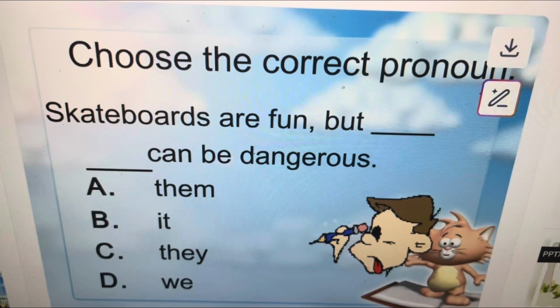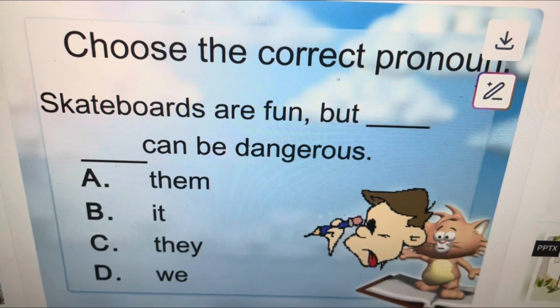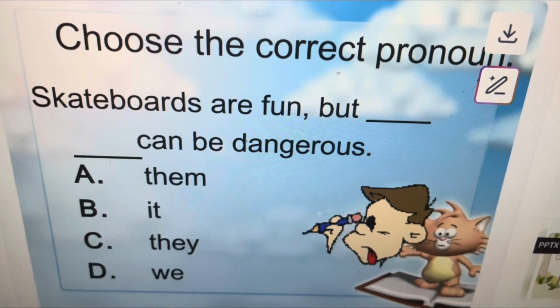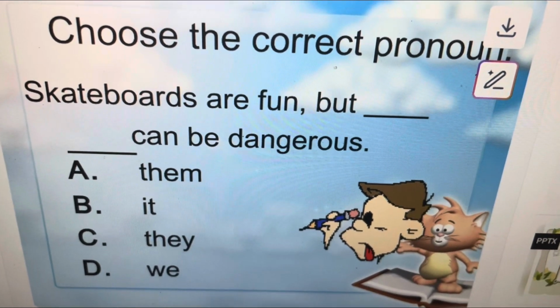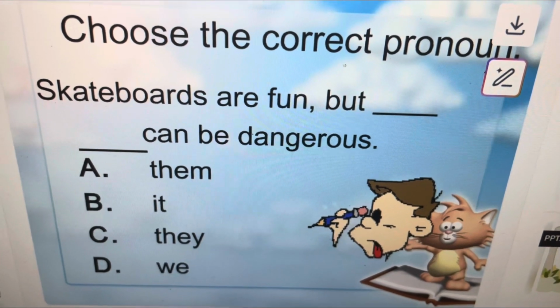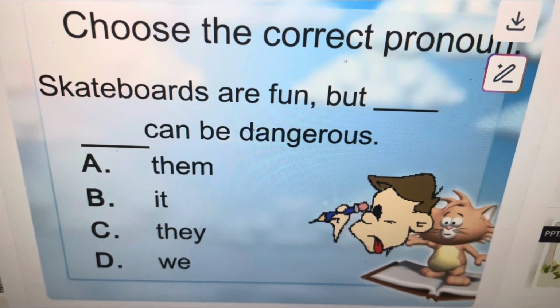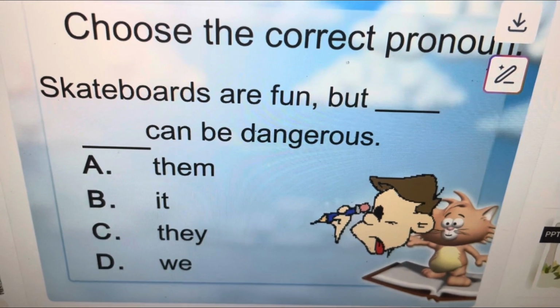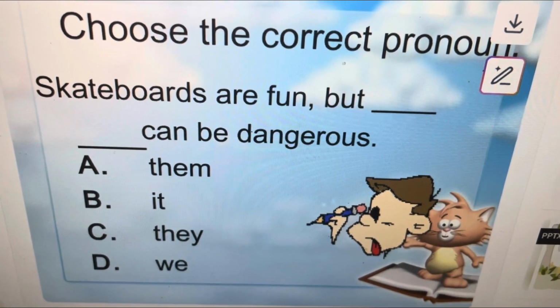Find the right answer from the options given below. Choose the correct pronoun here. Skateboards are fun, but dash can be dangerous. Here you have to find whether a subject pronoun or an object pronoun will come. Skateboards, we are talking about, this is the subject here.